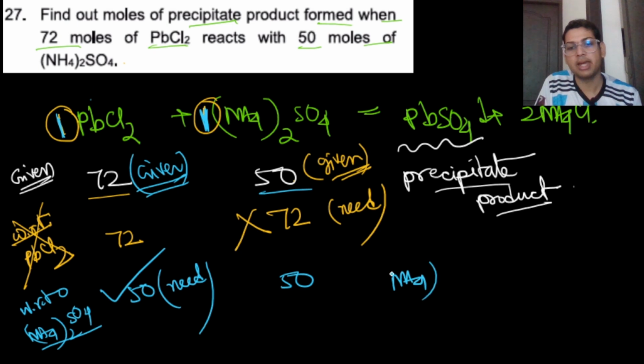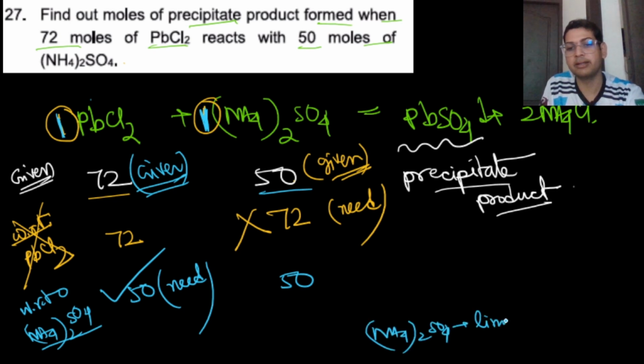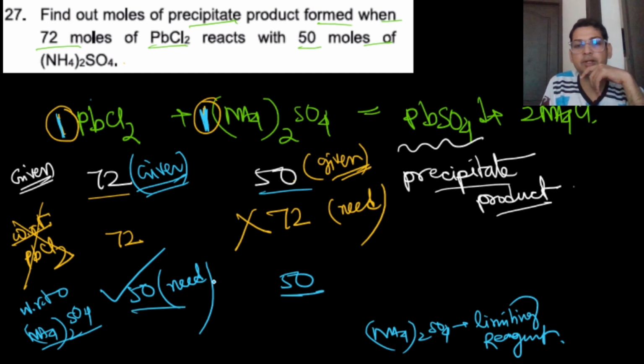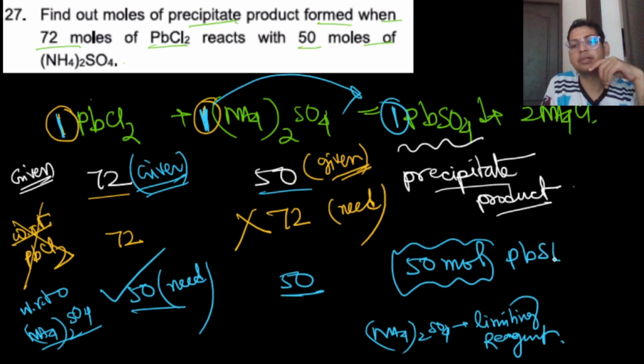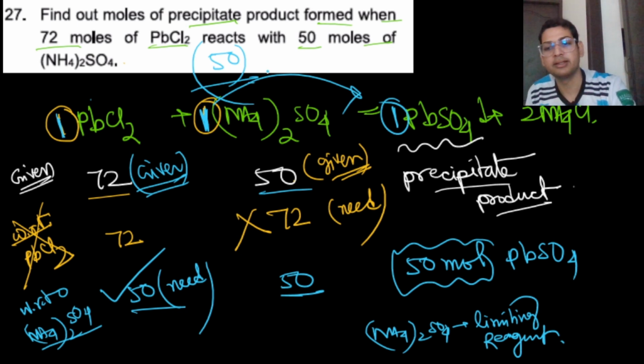So (NH4)2SO4 is your limiting reagent. 50 and 50 will react, and this is also 1:1 relation, so you will get 50 mole PbSO4. So 50 will be your answer. Got it? So by this way you have to do these questions.